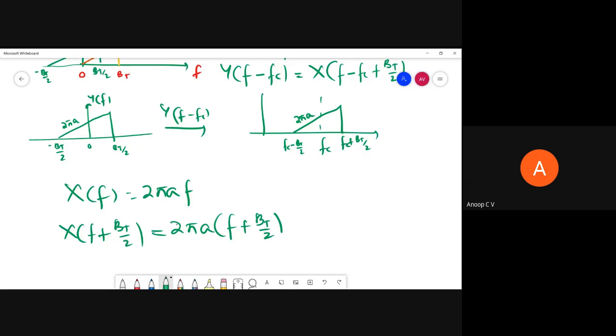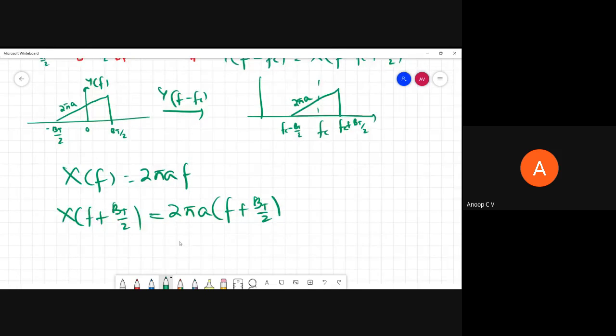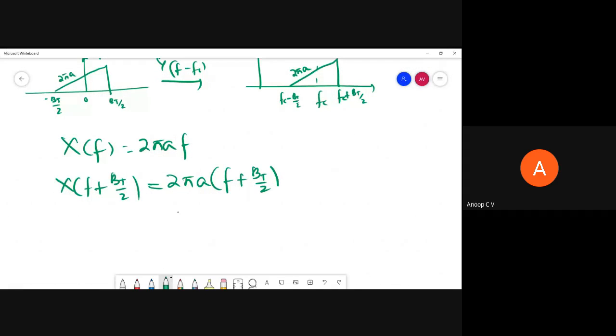Now this is shifted left. Now here if I am replacing f with f minus fc, I get x of f minus fc plus bt by 2. What I have done here is replaced f with f minus fc.